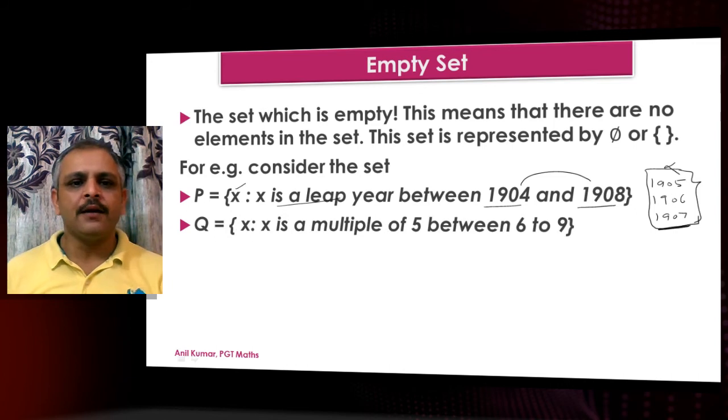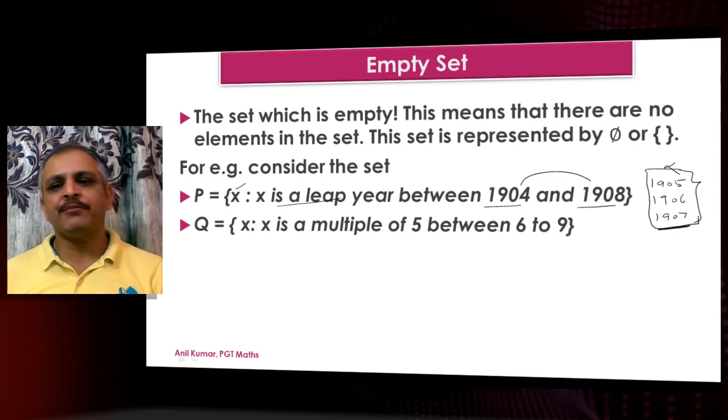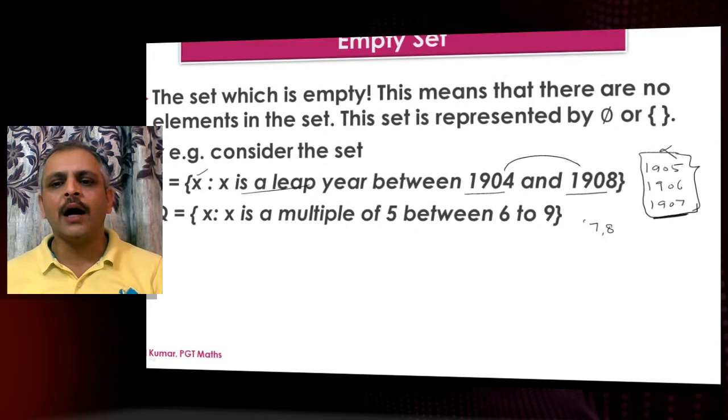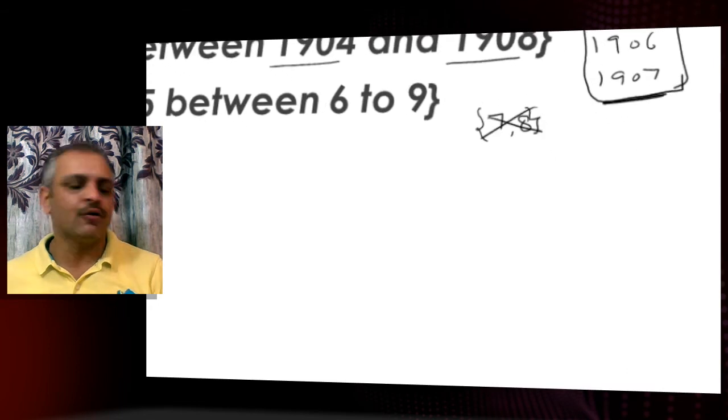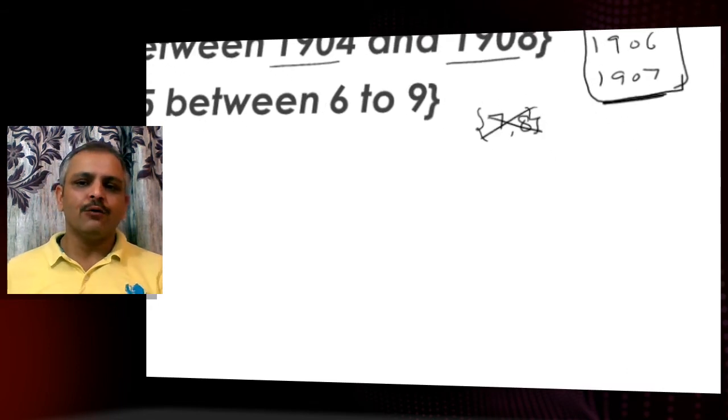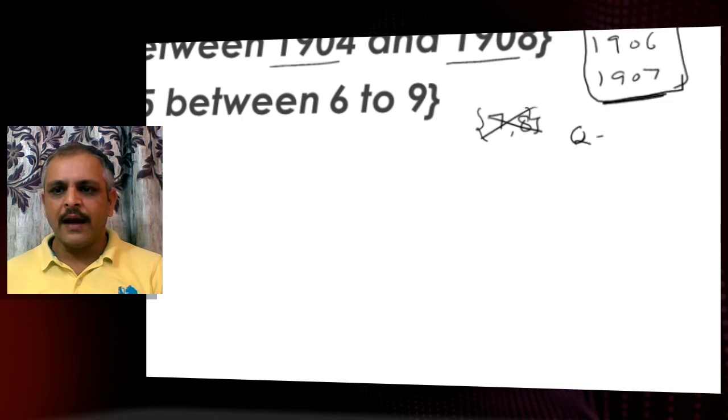Another example: let x be a multiple of 5 between 6 and 9. Between 6 and 9 the numbers are 7 and 8, and both are not multiples of 5. So there is no element in this set. So when I represent this Q as an empty set, I should write it like this, either empty braces or phi.